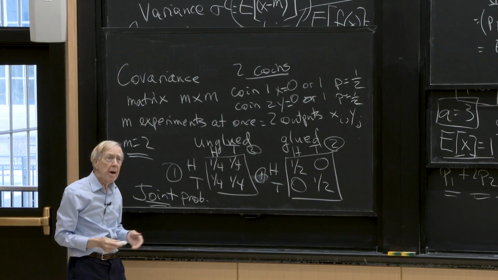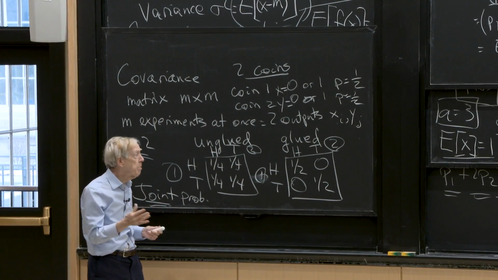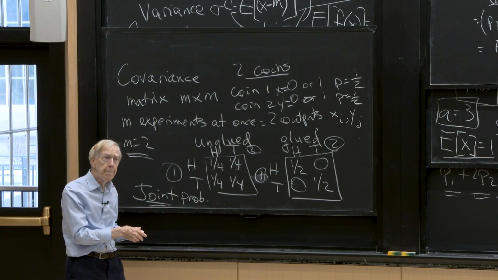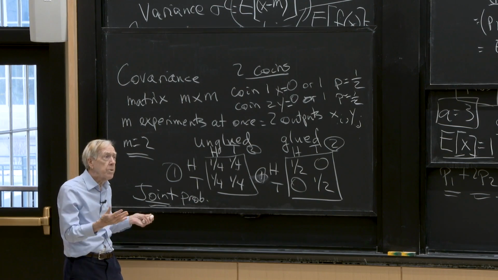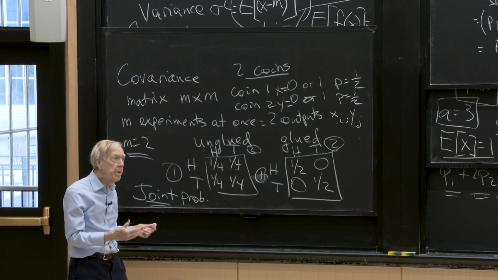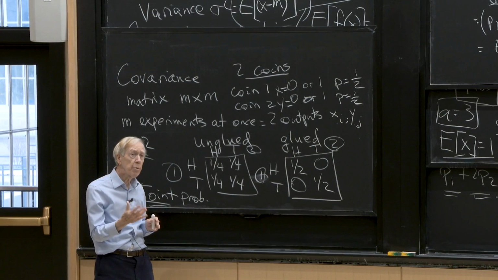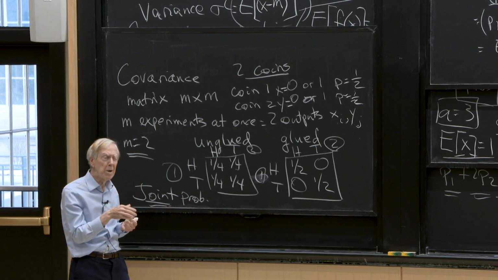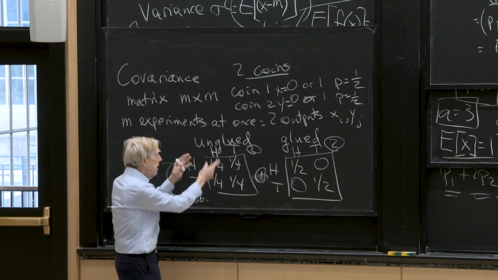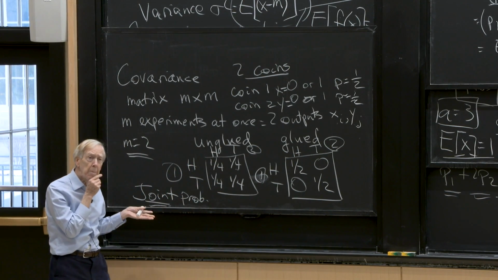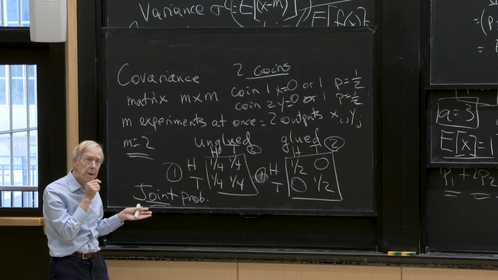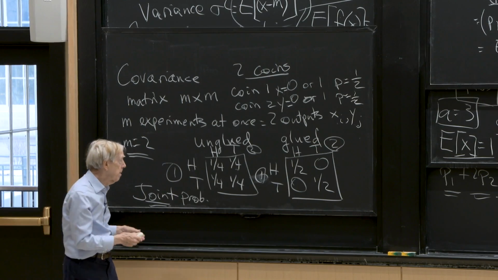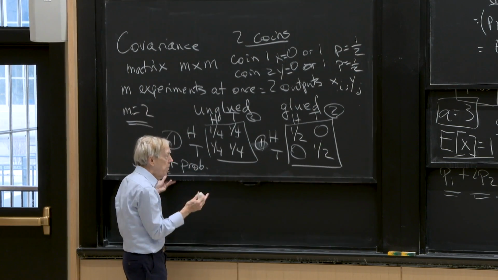So suppose we were running 3 experiments. What would be the situation if I was running 3 experiments with 3 independent fair coins? So I'd be in this unglued picture, but I would have 3 different experiments that I'm running. Then what would I be looking at?